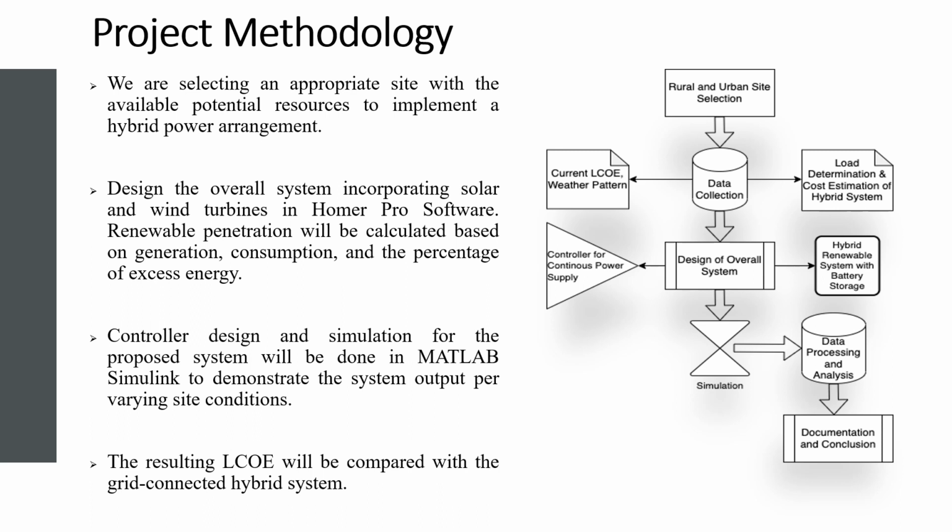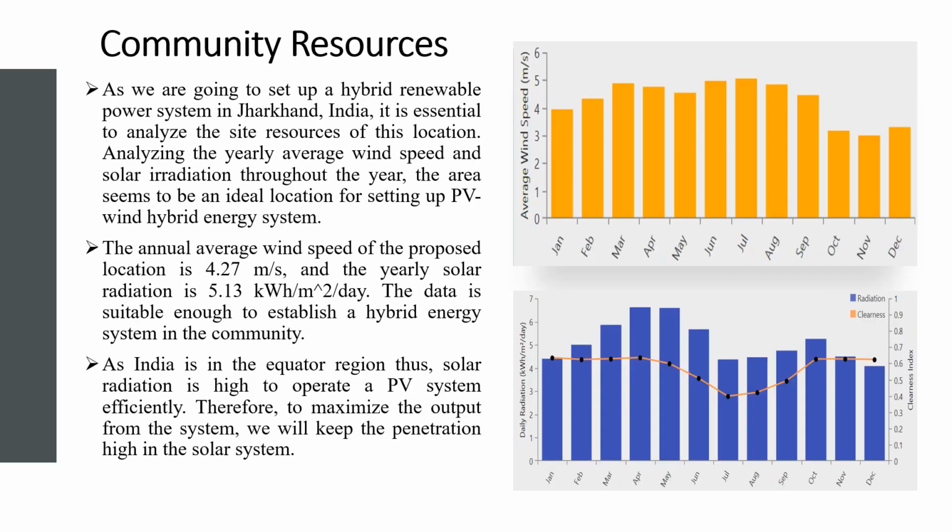The controller design and the simulation for the proposed system will also be done in MATLAB to demonstrate the system output power under the site conditions. And the result will compare the off-grid and the on-grid system, to see which one is more feasible and cost effective.